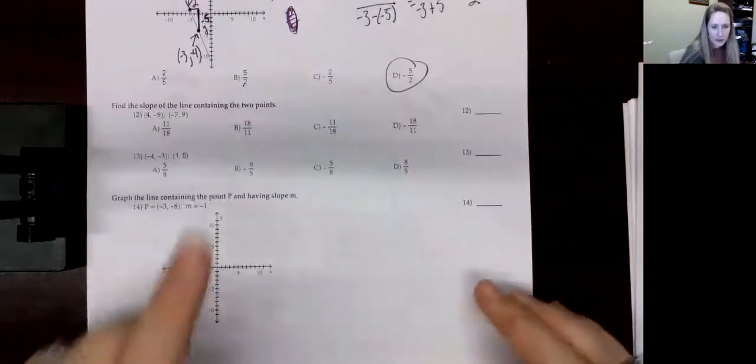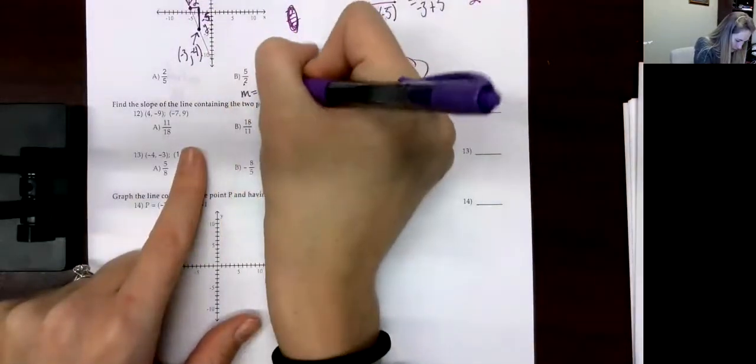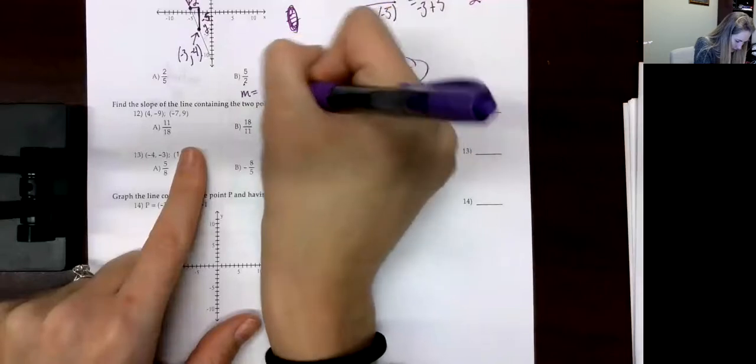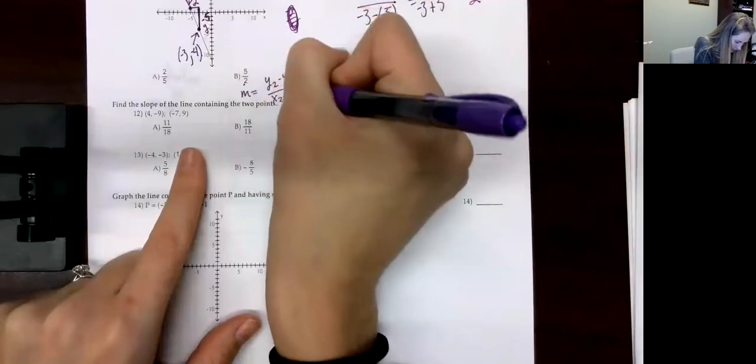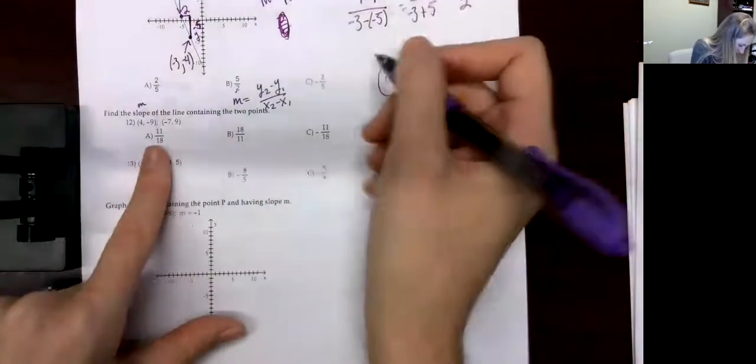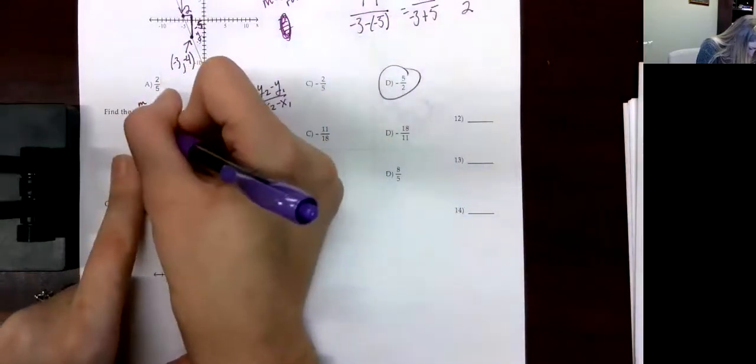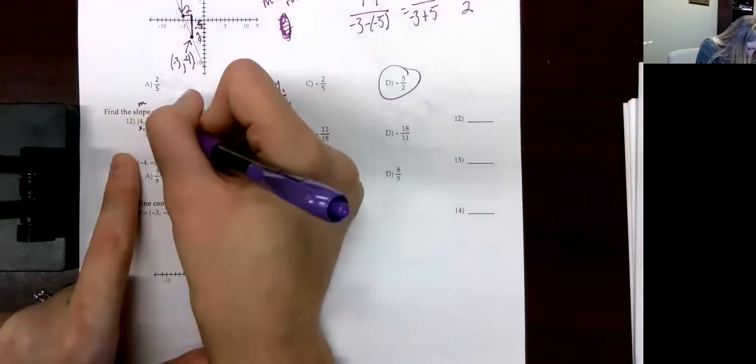But that's what you're going to use on these right here. Slope equals y2 subtract y1 over x2 subtract x1. And I'm going to write above it that slope is m. So we're going to go ahead and label them. You don't have to, but I see fewer mistakes when people do label them rather than when they do not.